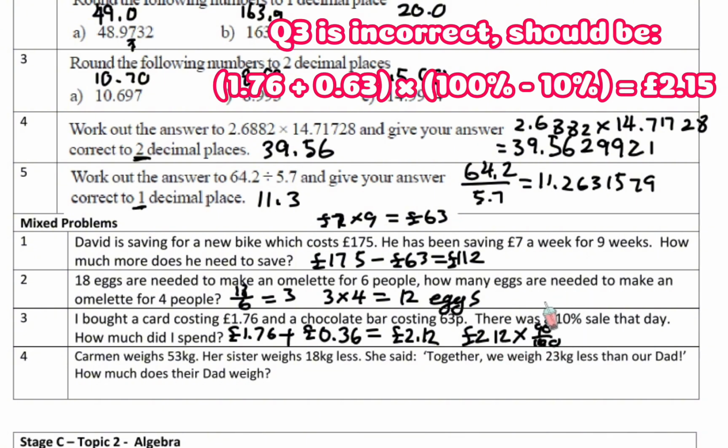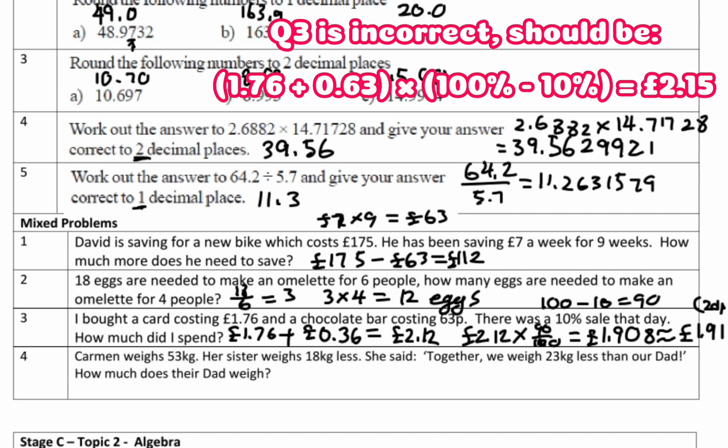The reason why it's 90 is because 100 minus 10 would equal to 90 for the percentage. So 2.12 multiplied with 90 and divided by 100 would be 1.908. And since usually money is calculated with only 2 decimal places, we will write it as 1.91 to 2 dp.